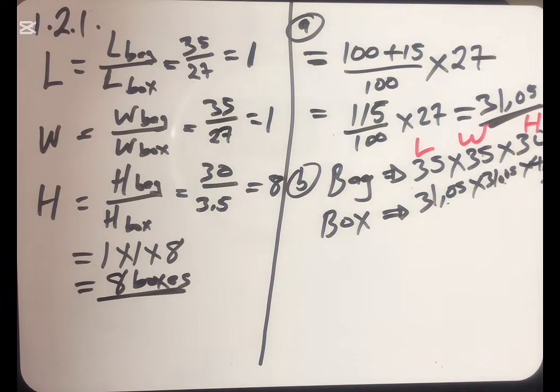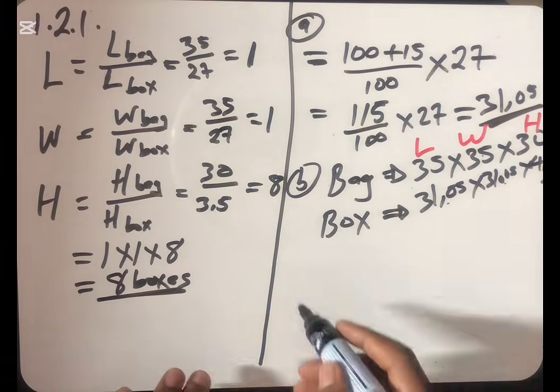We can see that the dimension of a bag is still bigger than the dimension of the box in terms of the length. We go to the width. Dimension of a bag is still bigger than dimension of a box in respect of width. We go to the height. Dimension of a bag is still bigger than the dimension of a box in respect of height, because height is 4,03. So this can still fit. This is how you're supposed to answer this question. This can still fit because dimension of a bag is still bigger than the dimension of a box.